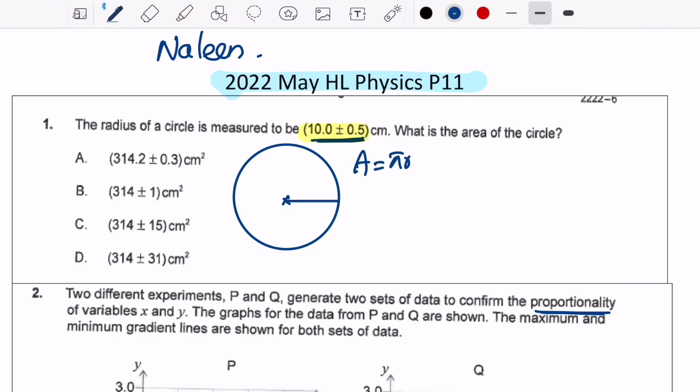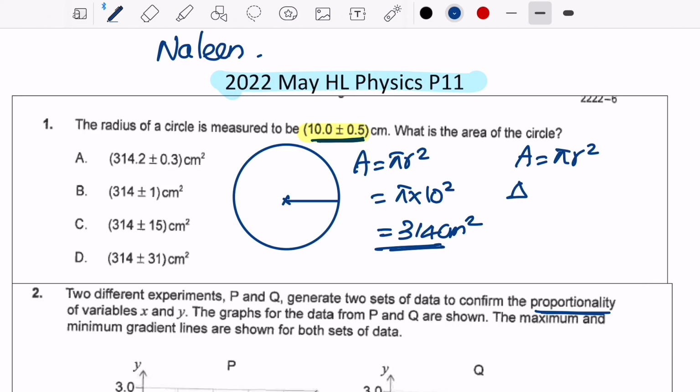Area is pi r squared, pi times 10 squared, 314 square centimeters. Now let's think about the area equation one more time. Pi r squared, delta A over A. If you are confused, think about it as pi times r times r.